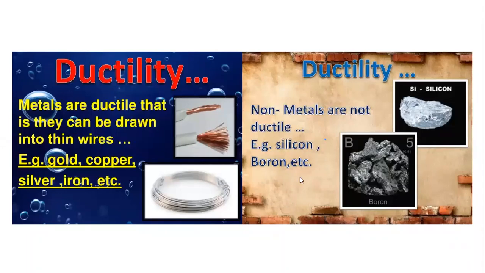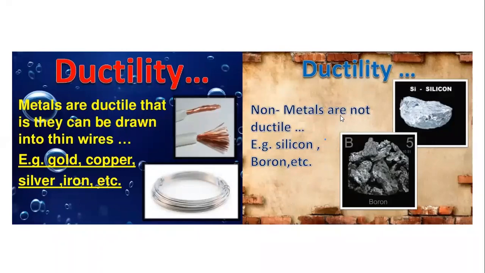The next property I was saying is ductility. Ductility is nothing but metals can be drawn into wires. Why does it happen that non-metals cannot be drawn into wires? How will you draw something into wire?